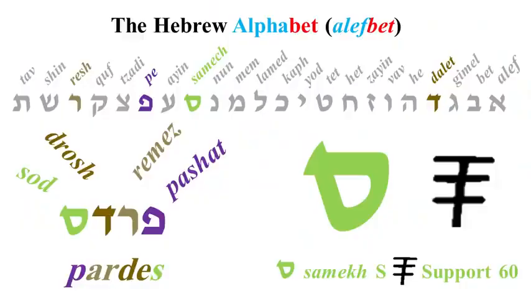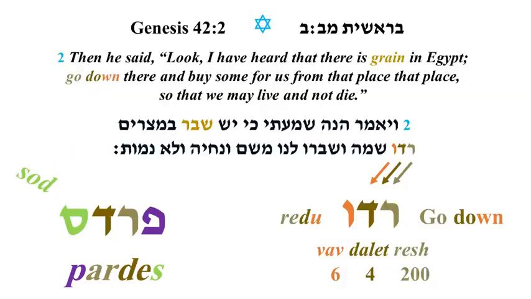And now the final level is the sod, the mystery level, right? The secret level. And let's see what we have in here. Look in Genesis 42:2. Then he said, look, I've heard there's grain in Egypt. Go down there and buy some for us from that place, so that we may live and not die.